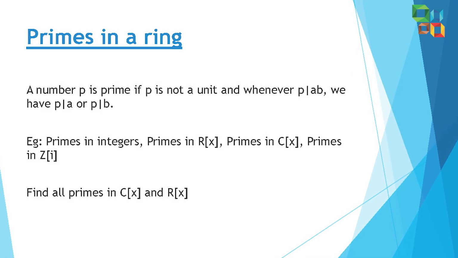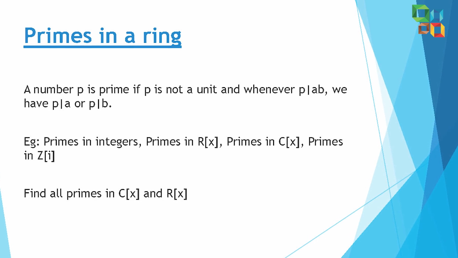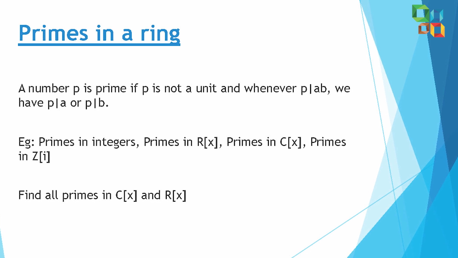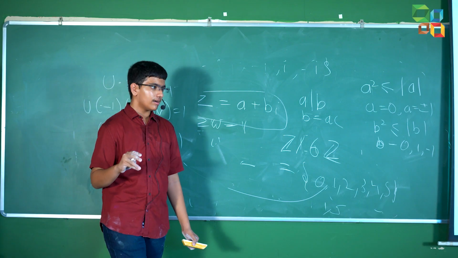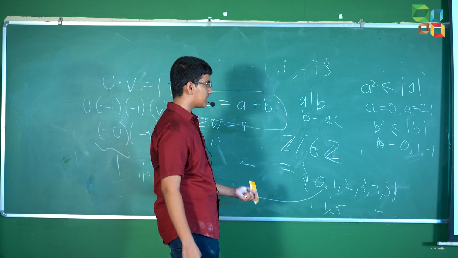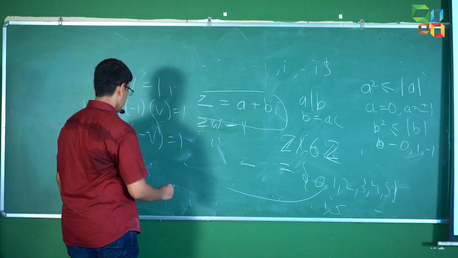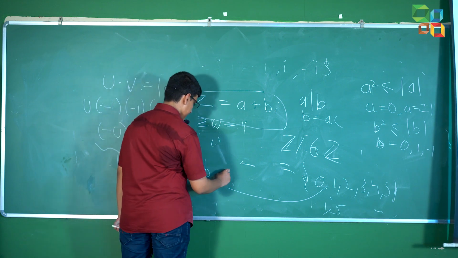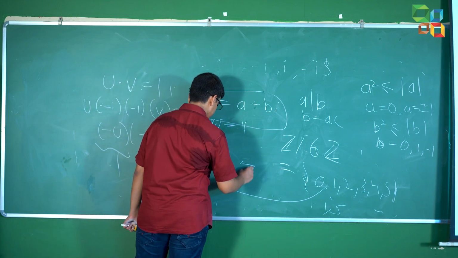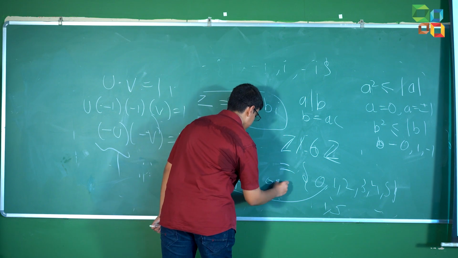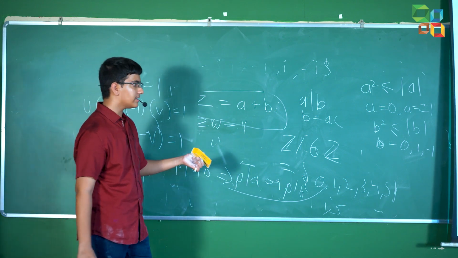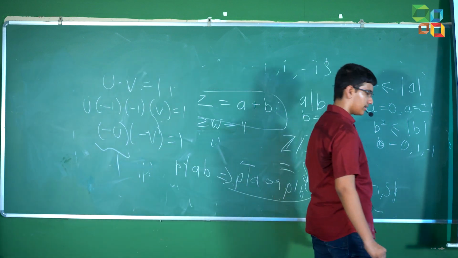How are primes defined in integers? They have only 2 factors, 1 and itself. A more good definition is: prime divides AB in integers means prime divides A or prime divides B, for any A and B.